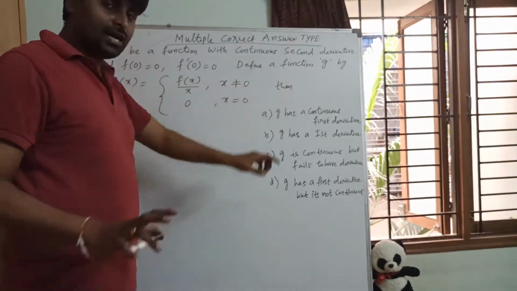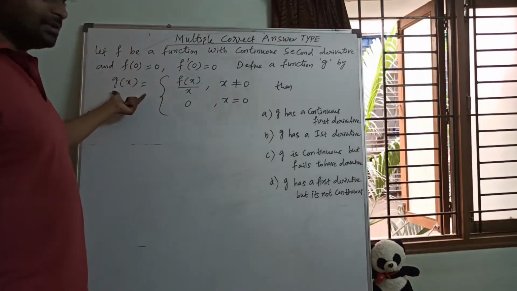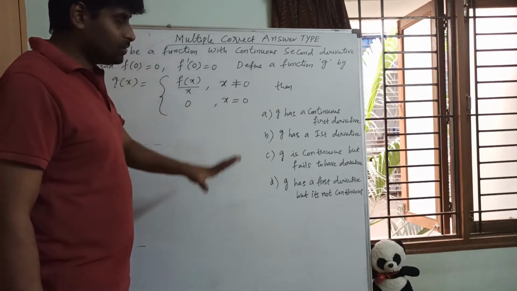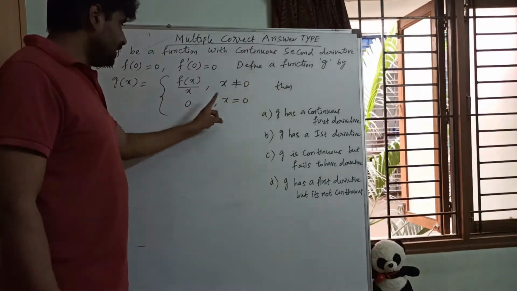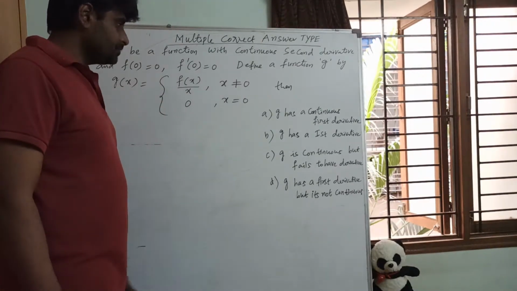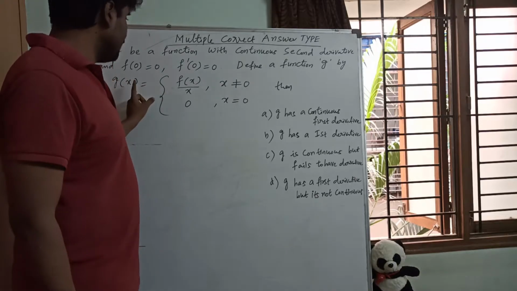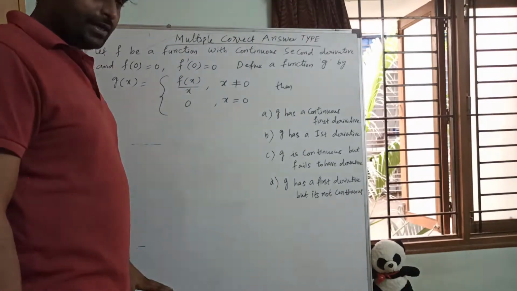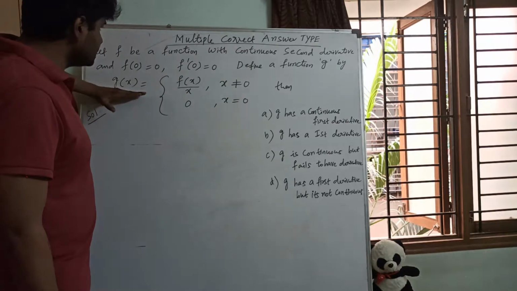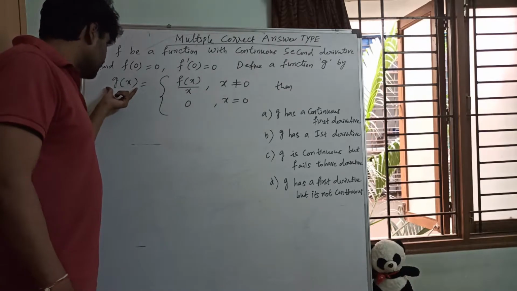We are going to define another function g. How was g defined? g of x equals f of x by x, x not equal to 0, and g of 0 is 0. Now the limiting value of g of x also we need to find out. First of all, we will check whether g of x is continuous or not. So what is the function value of g?